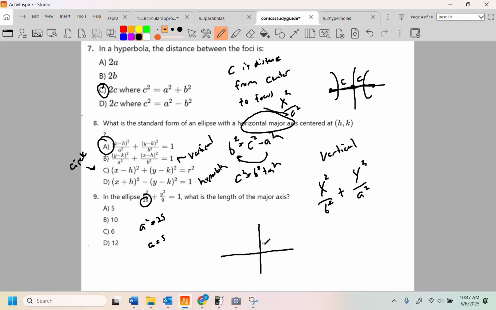We're going to go 1, 2, 3, 4, 5 each side for the major axis. And then B is 3, so we're going to go up 3 and down 3. I think about graphs. I don't necessarily remember a whole lot of little details in the background. But if A is 5, the whole length across is 10.